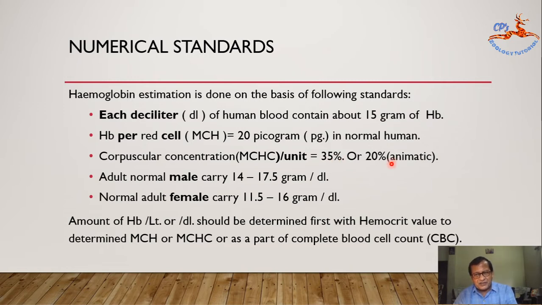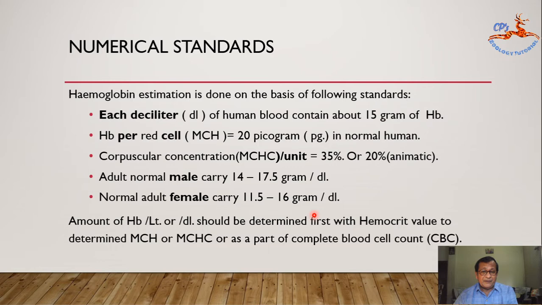If the patient becomes anemic, then it goes down up to 20%. In male humans, each deciliter contains 14 to 17.5 gram. In case of females, per deciliter it counts 11.5 to 16 gram.